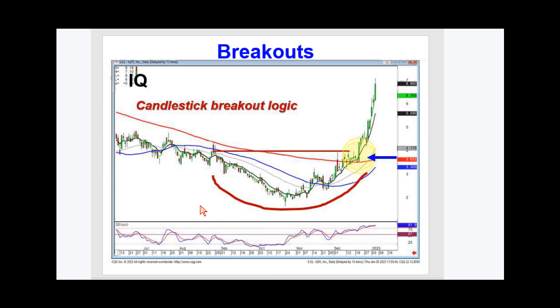So not only do you have logical places where you can see a pattern breaking out, like right here, where the pattern started, and where everybody else would be watching, the breakout through the 200, what do we expect coming out of a fry pan bottom? A very strong price move. Now, look where it is compared to the T-line.